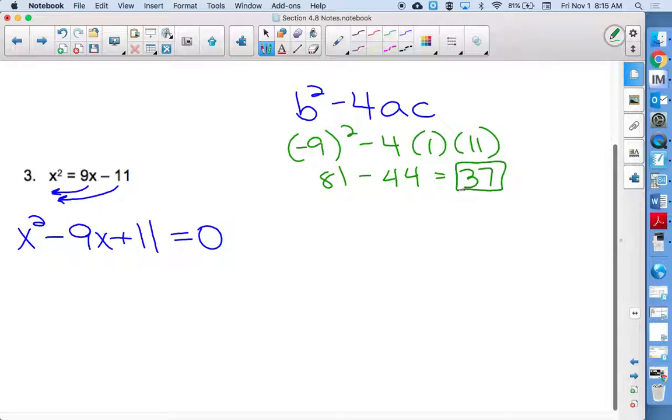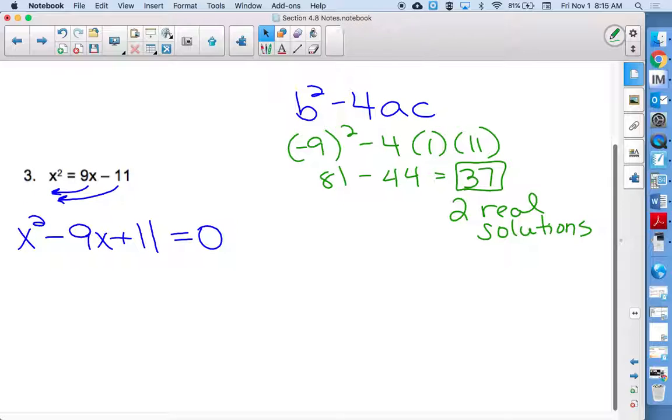That's the discriminant. What does that tell us, Josh? Right, 2 real solutions. So 37 means there are 2 real solutions.